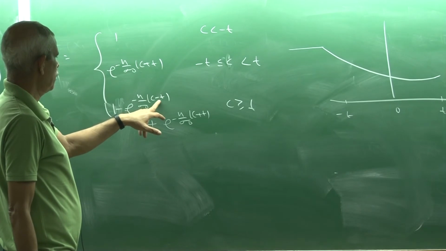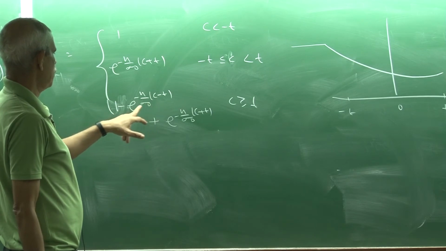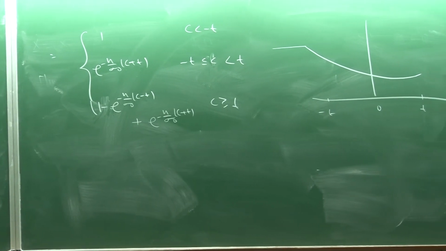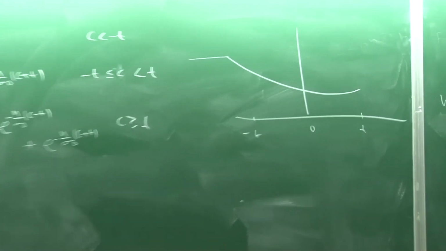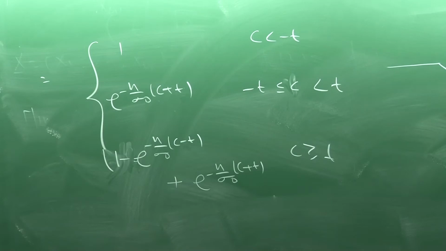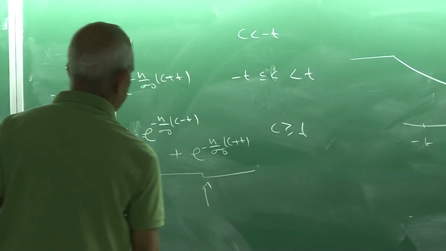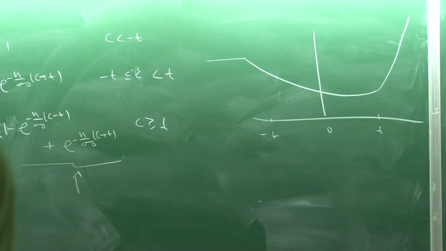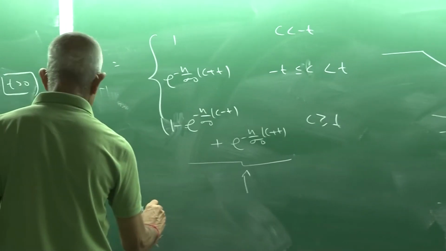This is 1 minus, so these are increasing, this becomes a decreasing function of c. Oh, there is a plus sign over here. So this would turn out to be increasing function of c. So after that, this would be like this. So that means the minimum is attained at u star is equal to t. So u star is same as t.